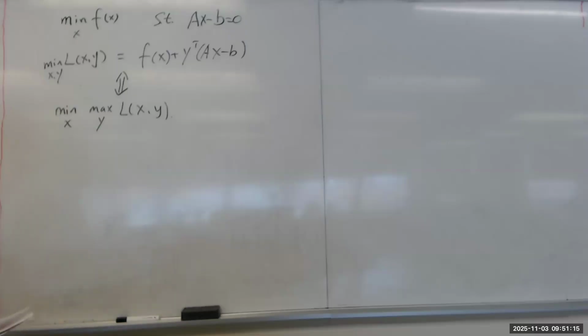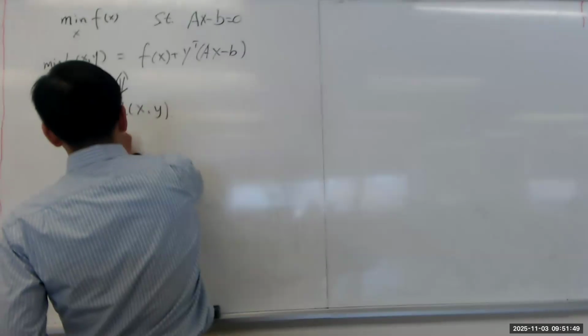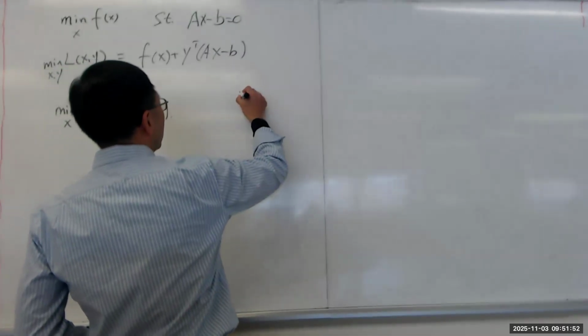Now can anybody tell me why these two are equivalent? Does anybody have an idea why these two steps are equivalent to each other? In order to see that, let's look at the second part, the inner maximization first.